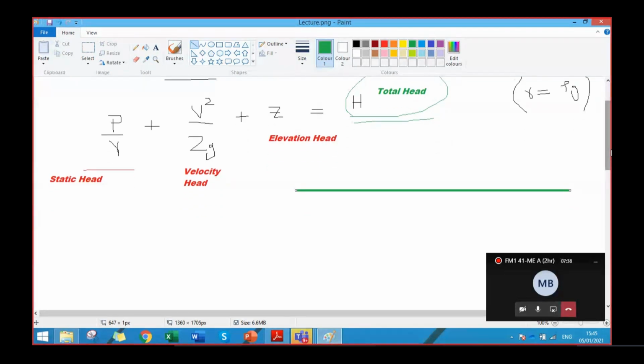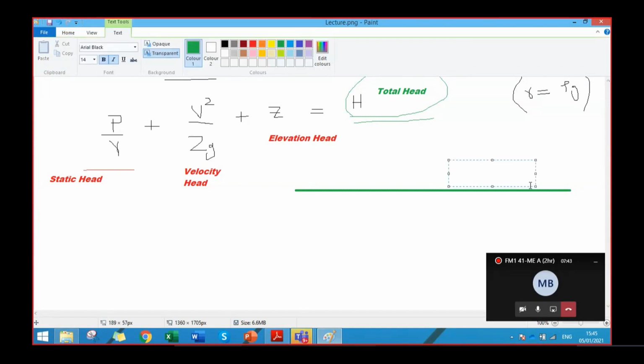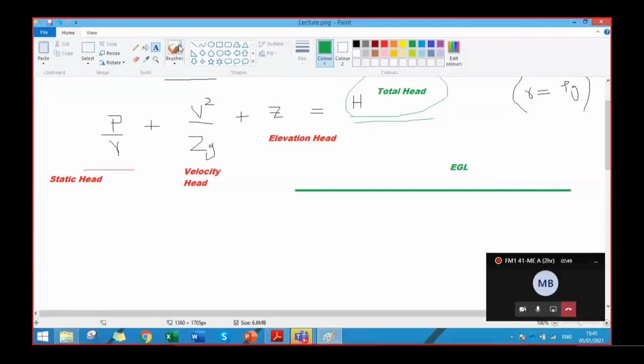This is the energy grade line, and it will always remain horizontal, fixed, because it is representing from a certain reference the total head. Let's say this is the flow path. This is H, the total head, which is the sum of these three heads: static head, velocity head, and the elevation head.